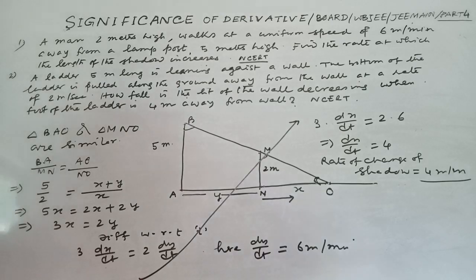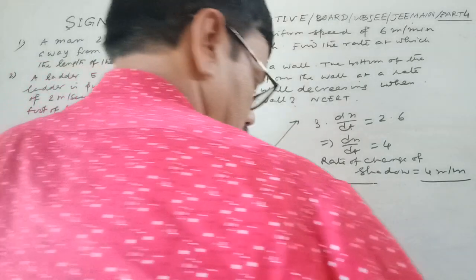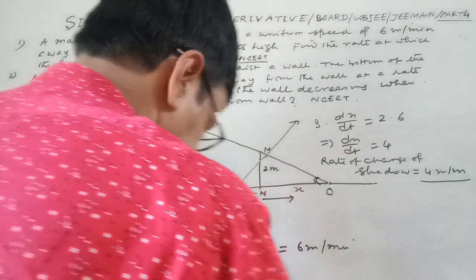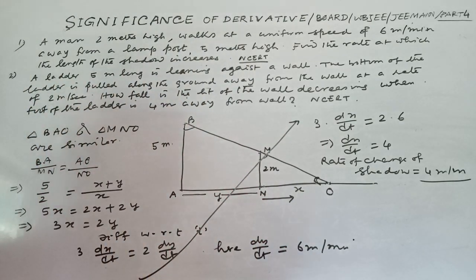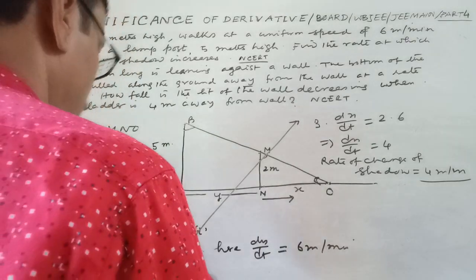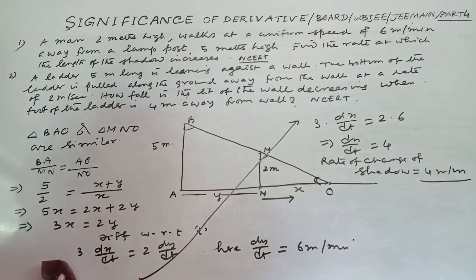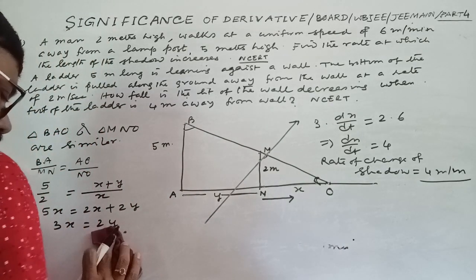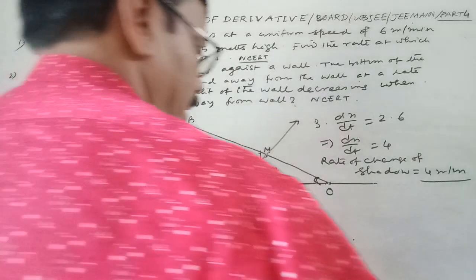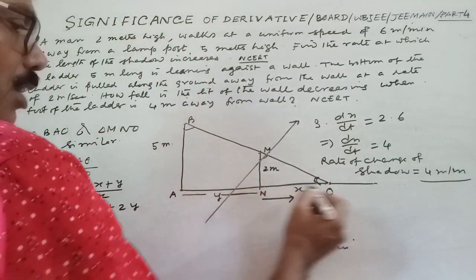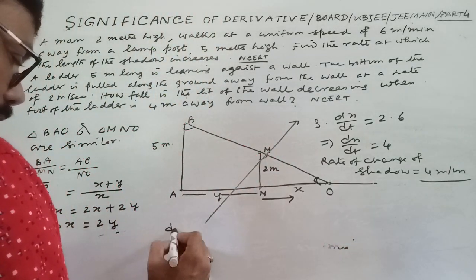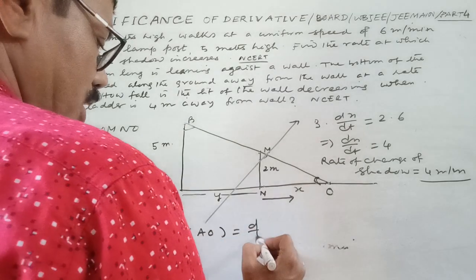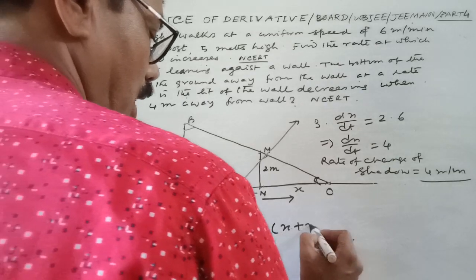Now sometimes it is asked how the tip of the shadow is changing. Tip means the farthest corner of the shadow. So the farthest corner is O. So d by dt of AO, what is AO? x plus y.